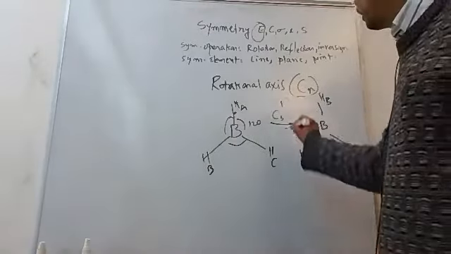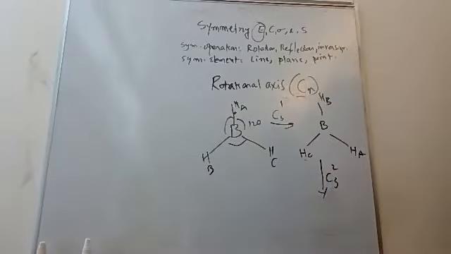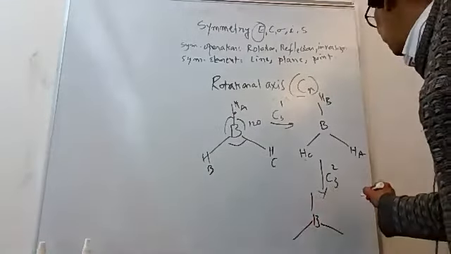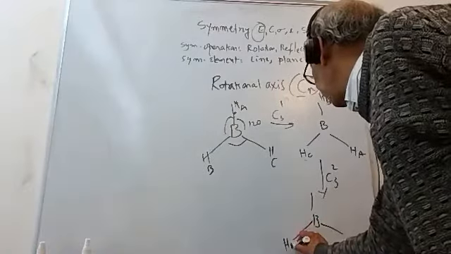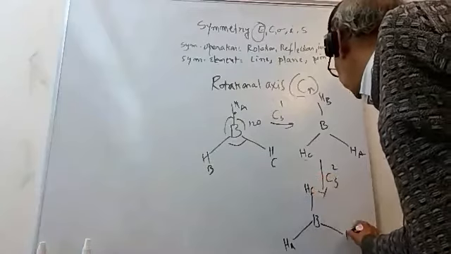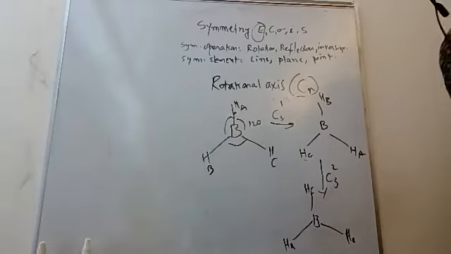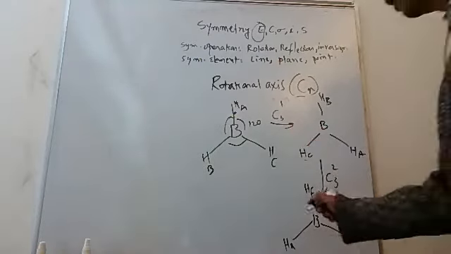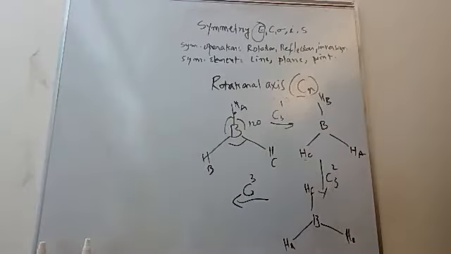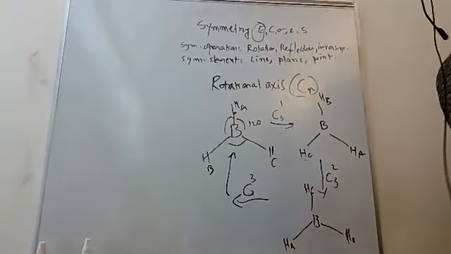So we call this C3 one. You can also do the same rotation a second time, and you get again the same shape. This time HA will go there, HC will go there, and HB will come here. You see the rotations I'm doing. Now, if I do one more rotation, C3 three, a third rotation, I get exactly the same thing as before.